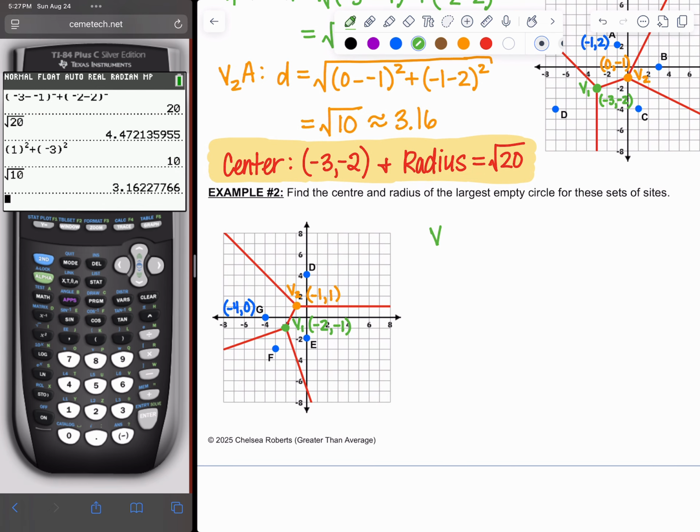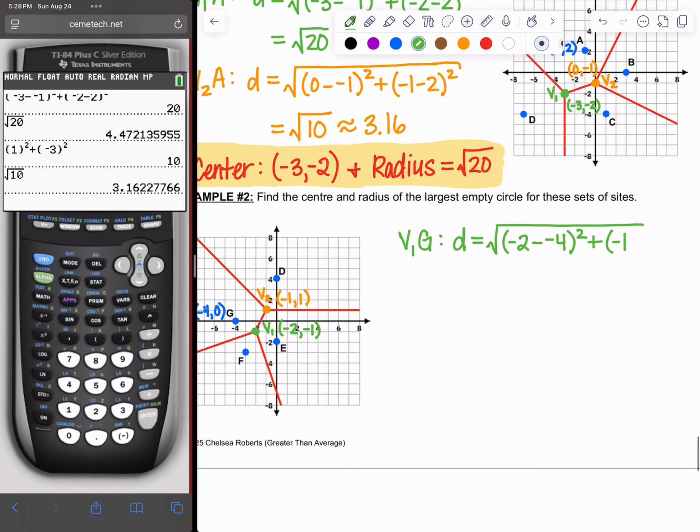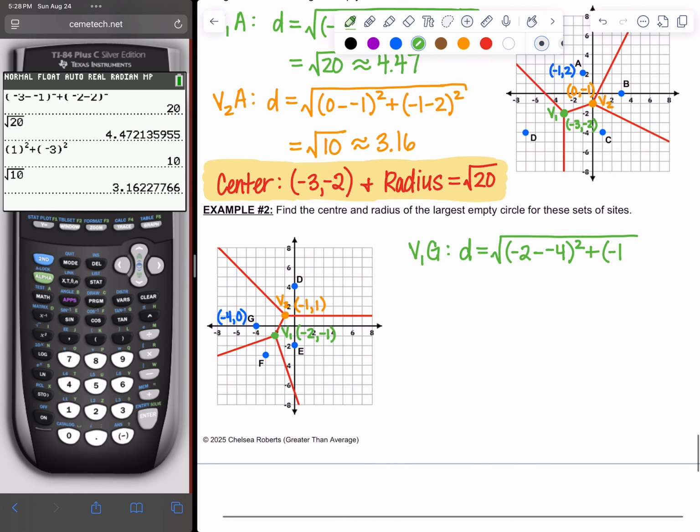All right. So we have to find the distance between vertex 1 and point G. So in order to find that distance, we are going to take the square root of -2 minus -4 squared plus -1 minus 0 squared.